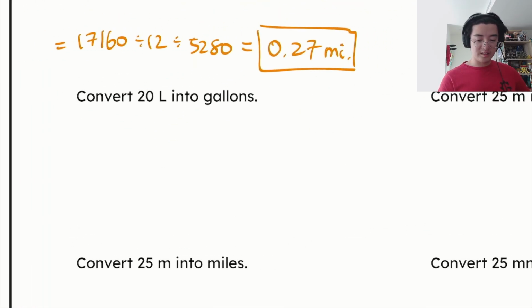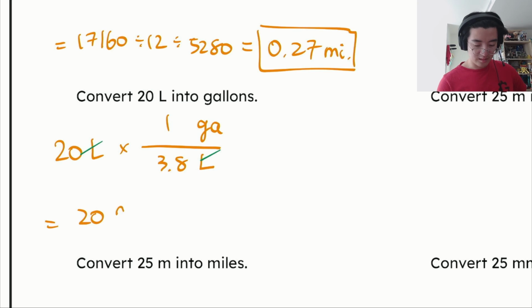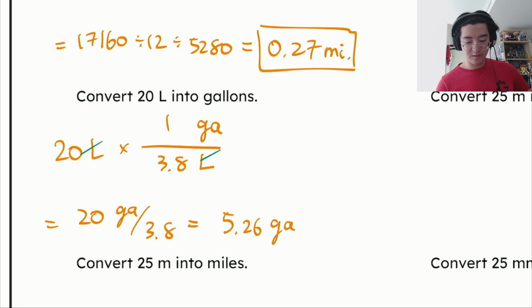Okay, liters into gallons. 1 gallon is 3.8 liters. Let's cancel out. So 20 liters divided by 3.8, which is around 5.26 gallons.